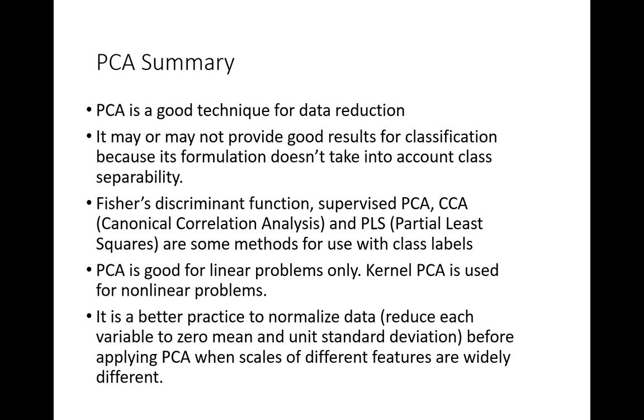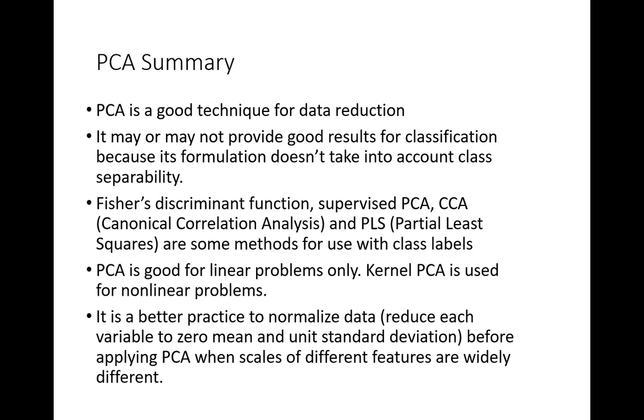Now there are methods which do take into account the class label while doing the dimensionality reduction. Examples of such methods are Fisher's discriminant function, and supervised PCA, which is a version of PCA.